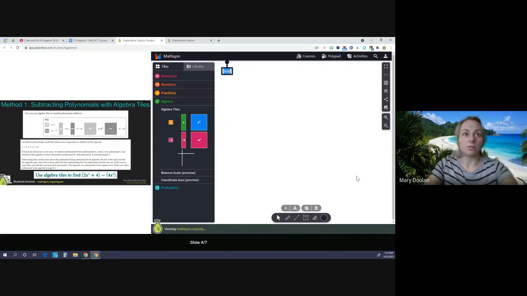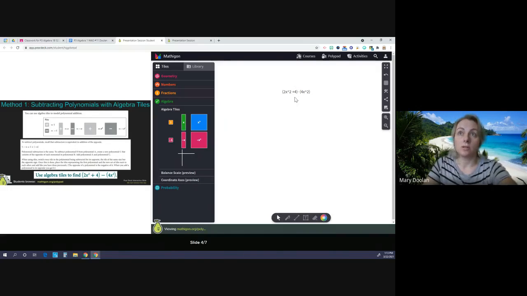Up here at the top, I'm going to type out 2x squared, using shift 6 to show that this is an exponent of 2, plus 4, and we're subtracting this polynomial, 4x squared. So I can move this around.